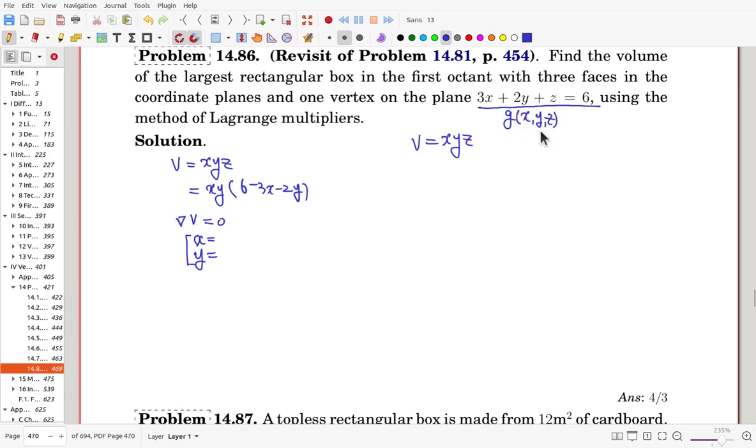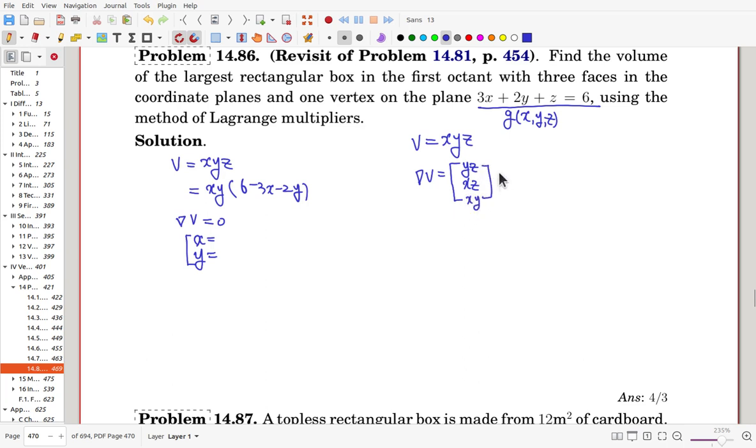Now we have three variables, and if we try to use the method, then we'll introduce lambda. So there will be 4 unknowns. But here, the gradient of v: the x derivative will be yz, the y derivative will be xz, the z derivative will be xy.